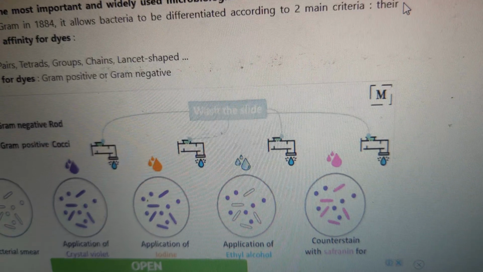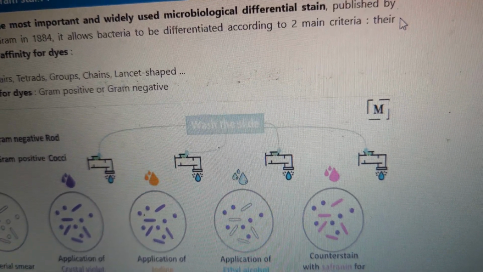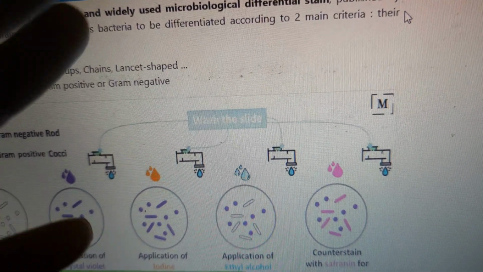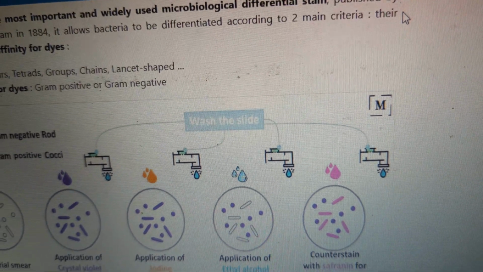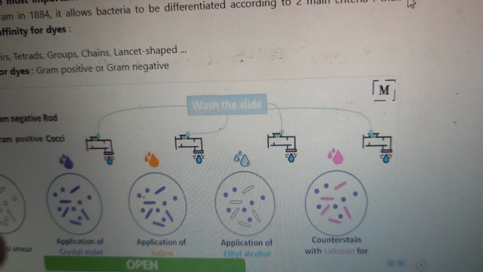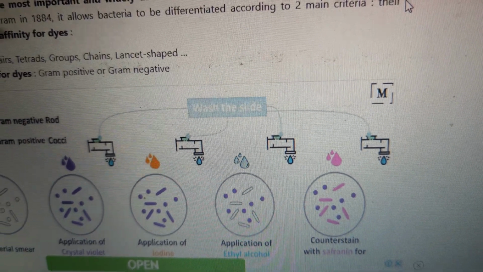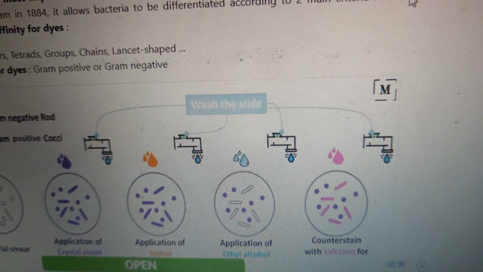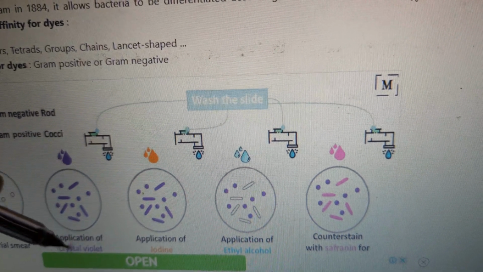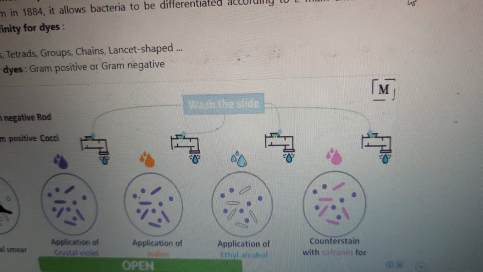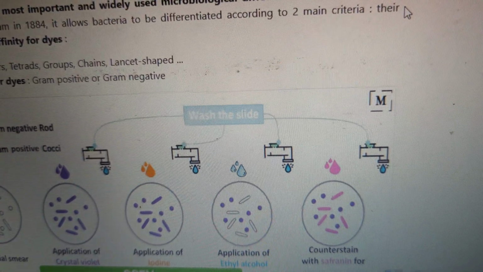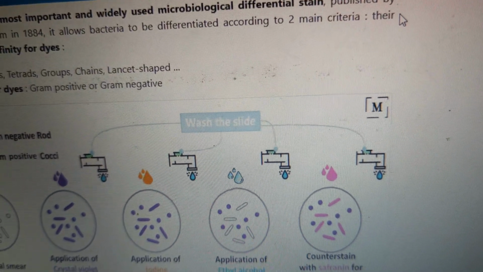Okay, there is a nice structure there that only dehydrates. It cannot really remove the crystal violet, only dehydrate the peptidoglycan. So I don't know, I hope that's clear there.